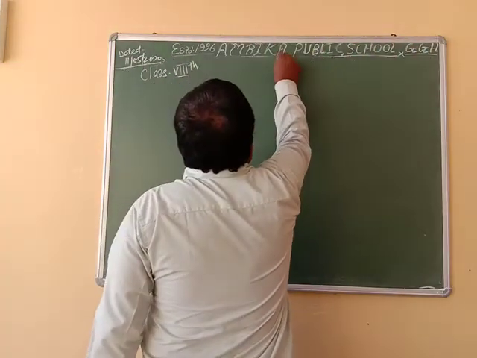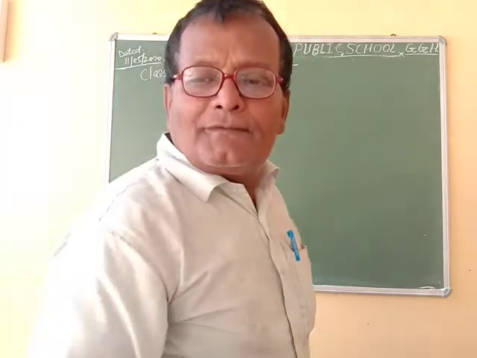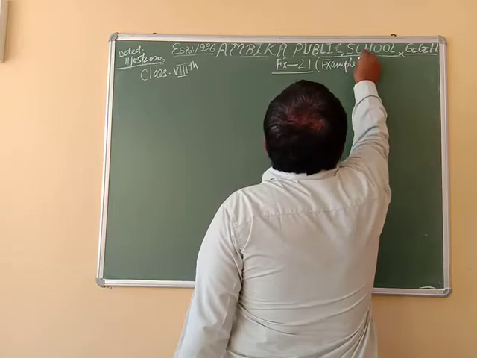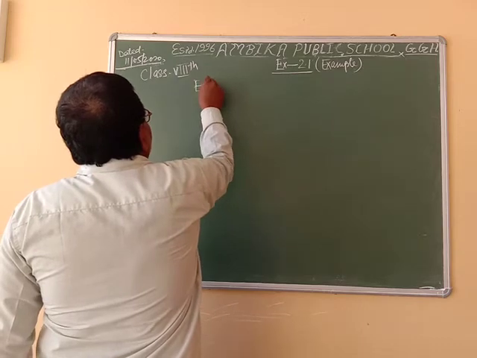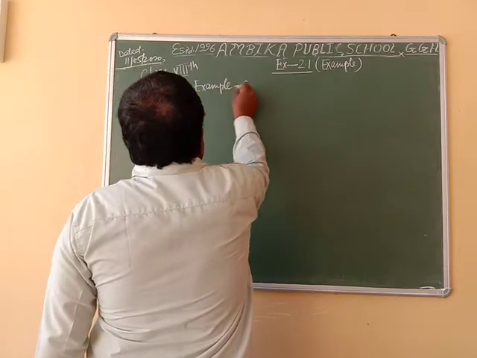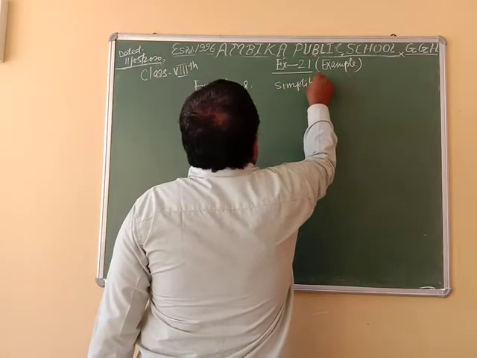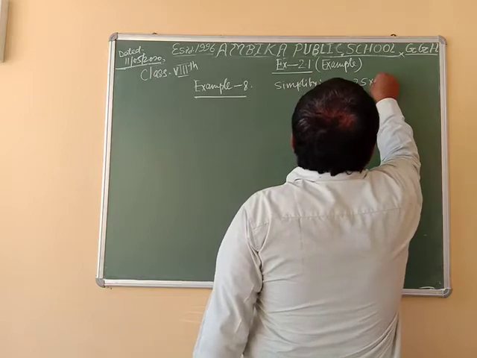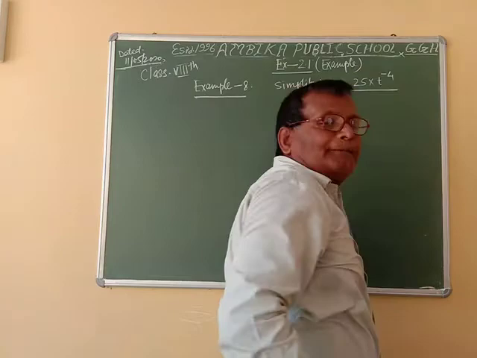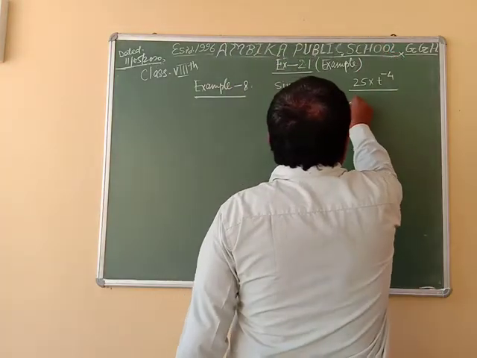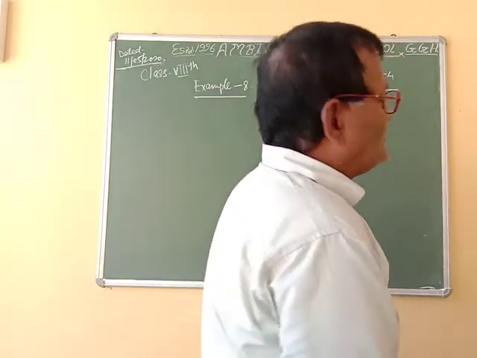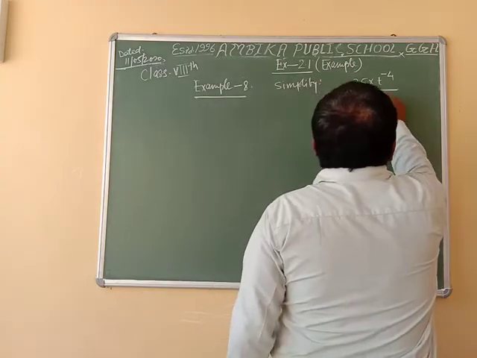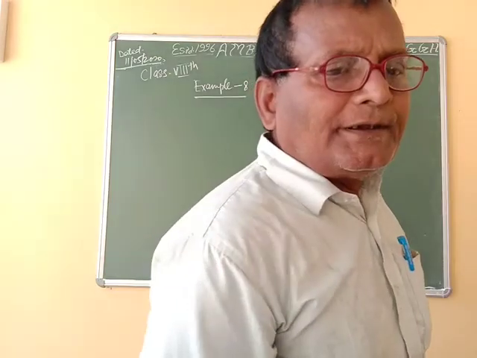Simplify 25 into t to the power minus 4 by 5 to the power minus 3 into 10 into t to the power minus 8, t is not equal to 0.